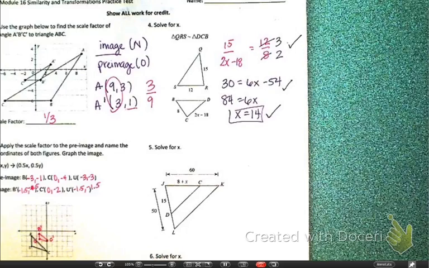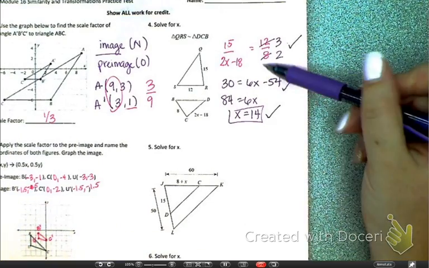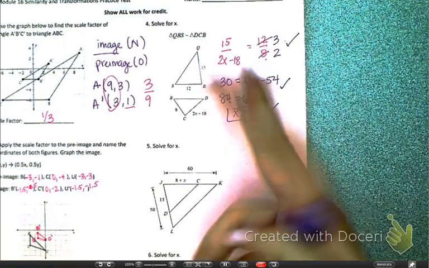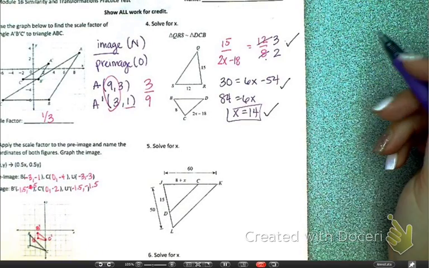So, what if you did that but you got a different proportion? What's your proportion? 12 and right, and then 15 for 2x minus 18. That's what I have. I just have it backwards. Okay, never mind.